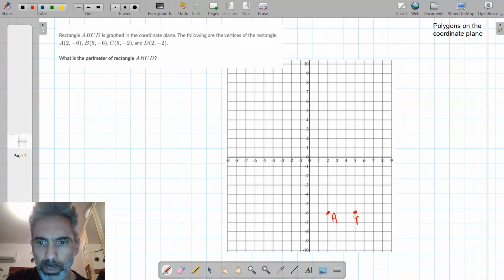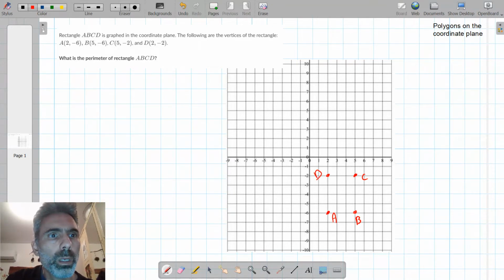So this is point B. Point C has the x of 5 and y -2. So this is point C. And point D has the x of 2 and y of -2. So this is point D.